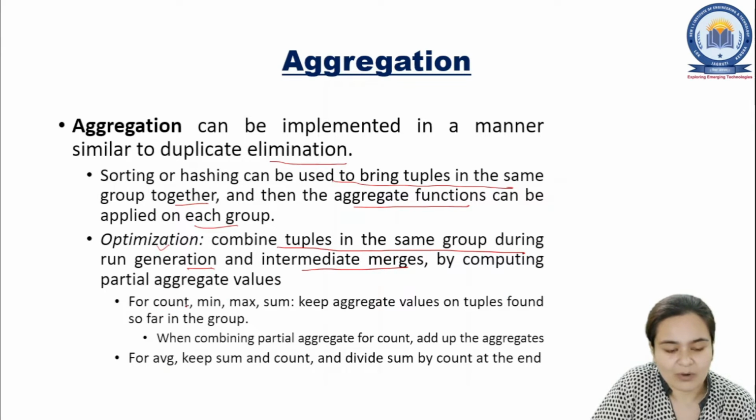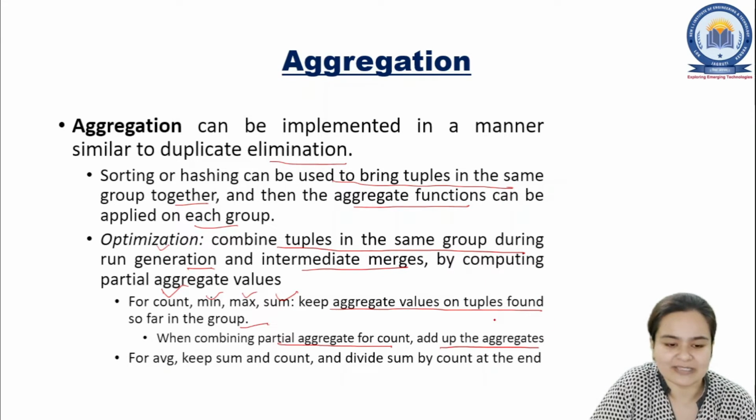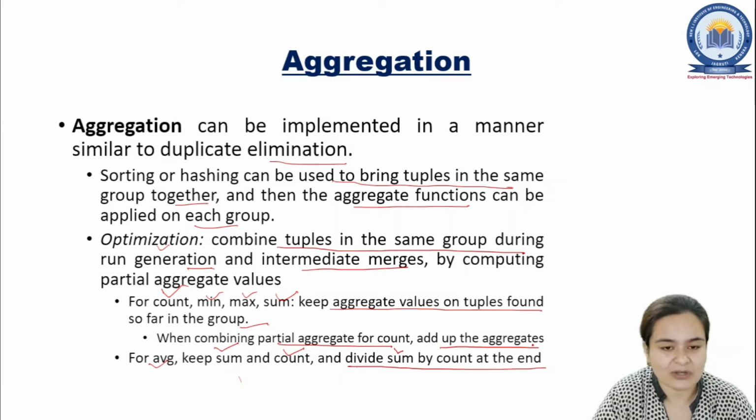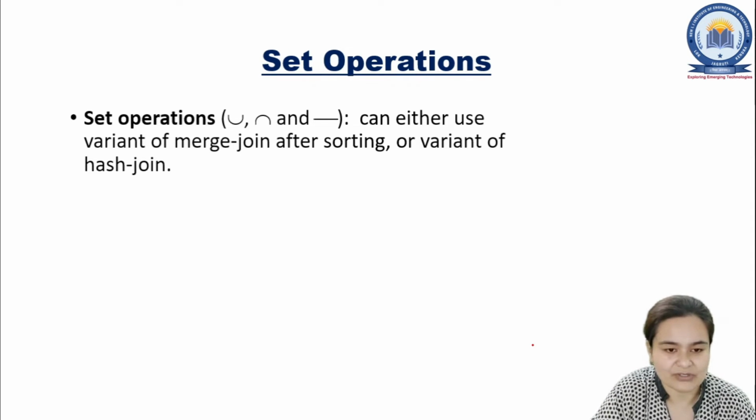For example, if we have count, min, max, sum, we can keep the aggregate values of the tuples found so far in the same group. While combining partial aggregates for count, we can add up the values at the end. But if we want to perform average, we have to keep a separate sum and count, so that after completion we can divide the sum by the count at the end. This is the most optimized way of performing the aggregation function.